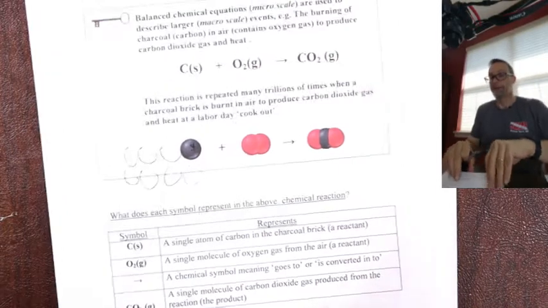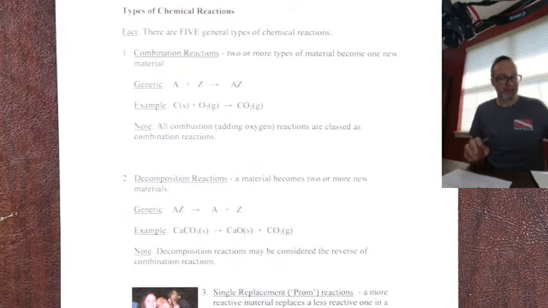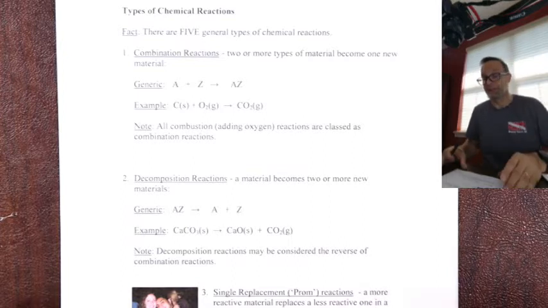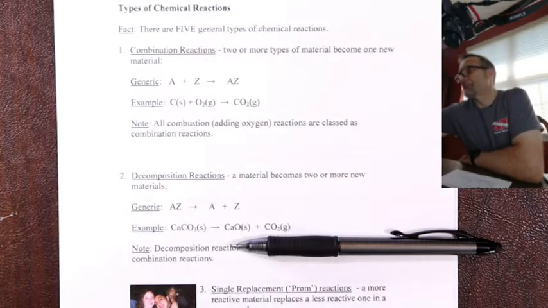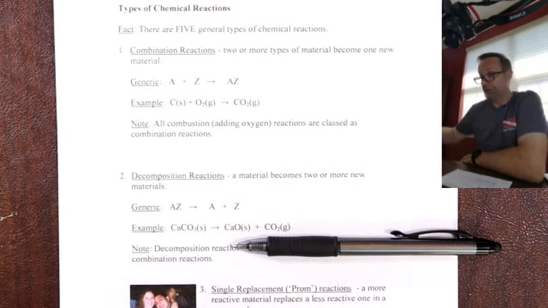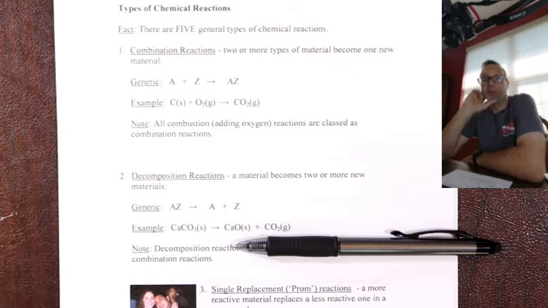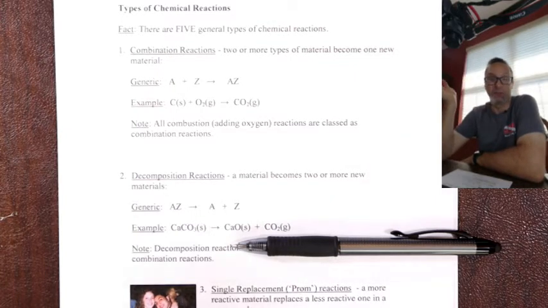Now, before we get into the nuts and bolts of balancing, we need to talk about the types of reaction you're going to see. Let me give you an analogy. When I think about vehicles on the road, there are approximately 250 million people in the United States, and we average about 2 cars each if we include work cars.